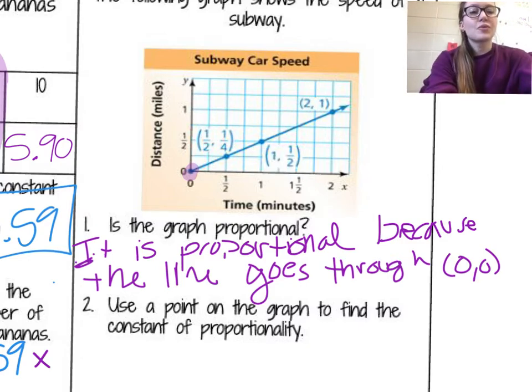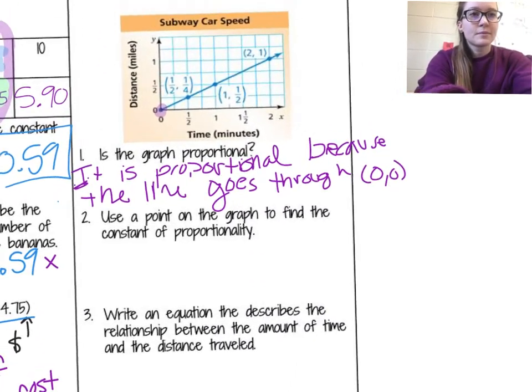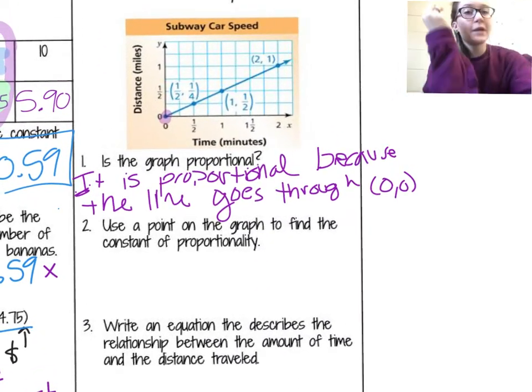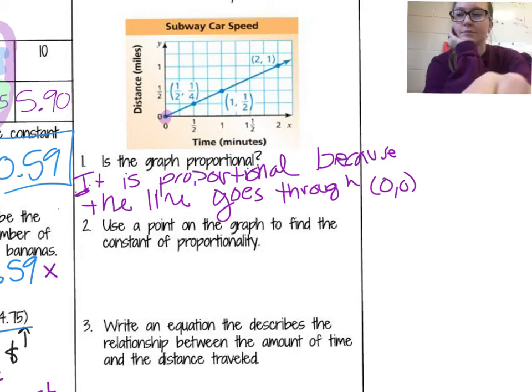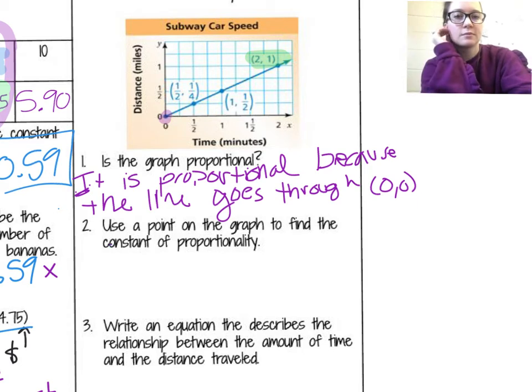So using the graph to find the constant of proportionality, I'm going to pick a point from the graph. Let's pick this one. Okay, let's pick 2, 1. So I'm going to use that point.